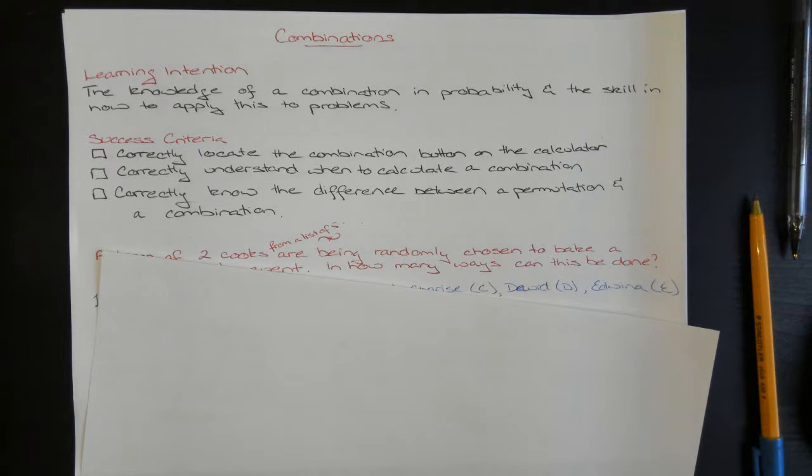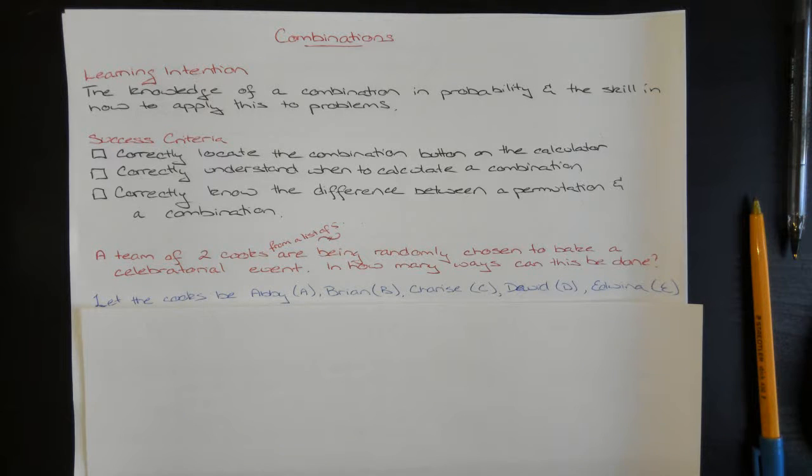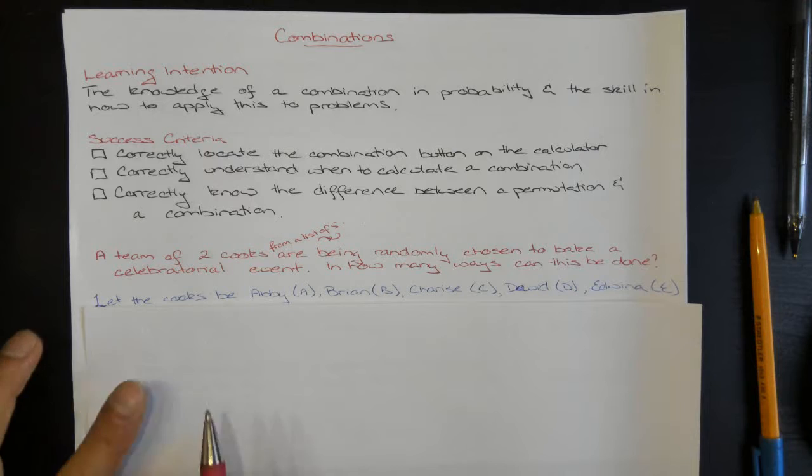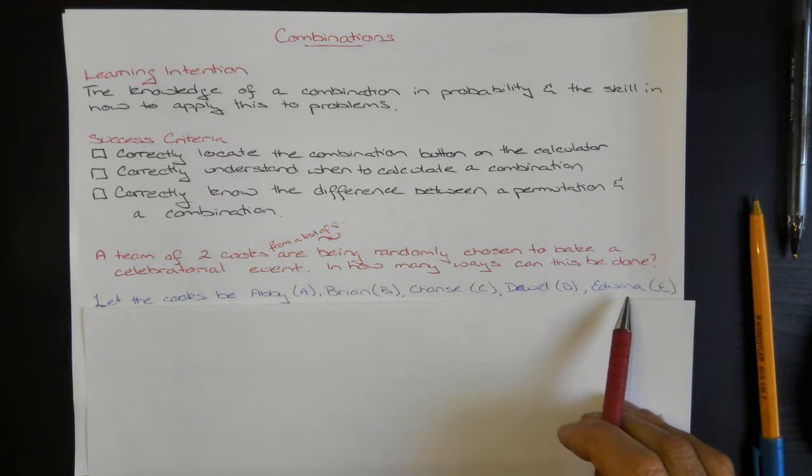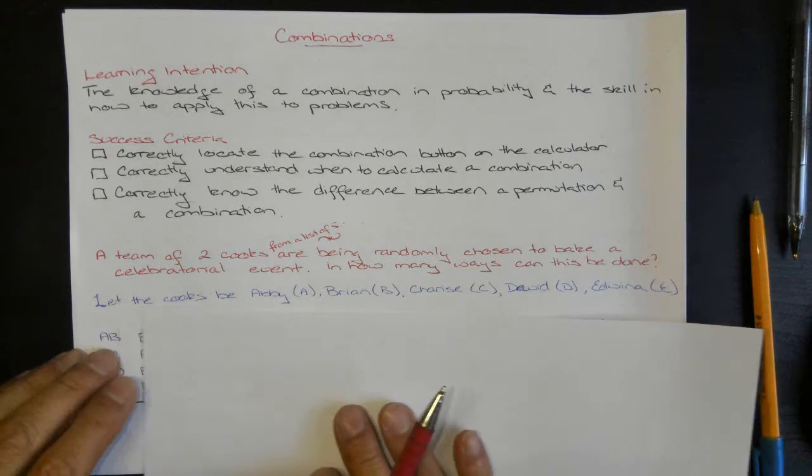In how many ways can this be done? So, let us imagine that we have the 5 cooks, Abby, Brian, Charisse, David, and Edwina. And let's figure out how many possible combinations of 2 cooks we could have.